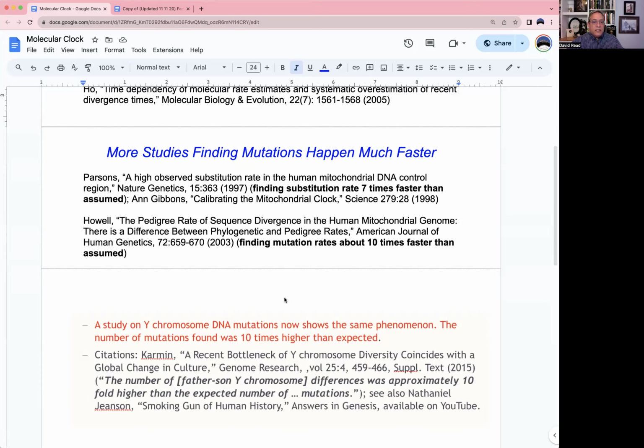So these are assuming extremely long time frames, and the time frames that they're using do not fit the data when they have been able to test how often mutation rates occur in tested populations.